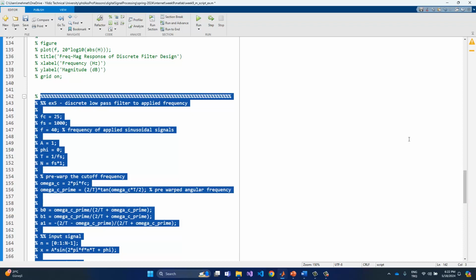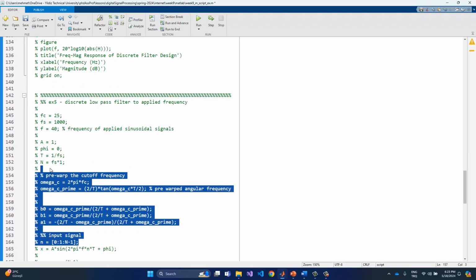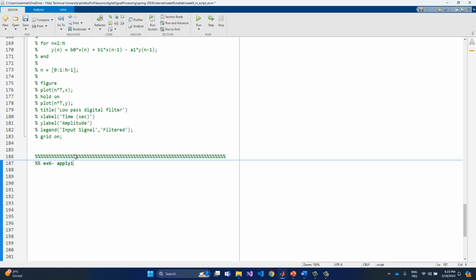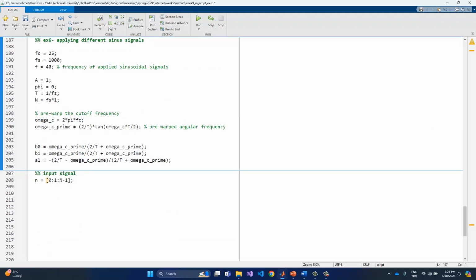For different sinus inputs, how can we select these conditions in here? First of all, we need to copy the whole of these things in here, just like this one. And so x6 applying different sinus signals in here. Okay, and so I can uncomment all of these things.